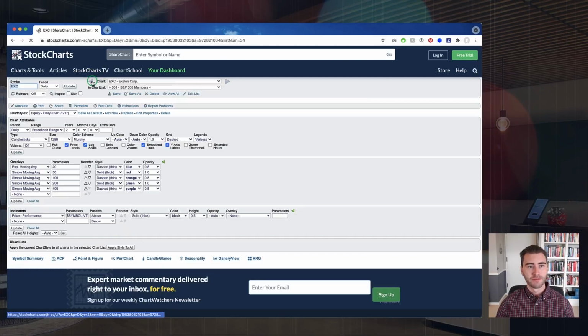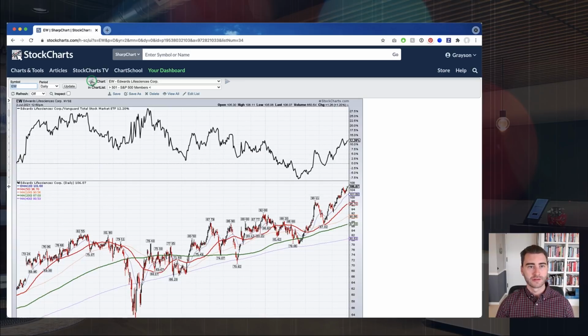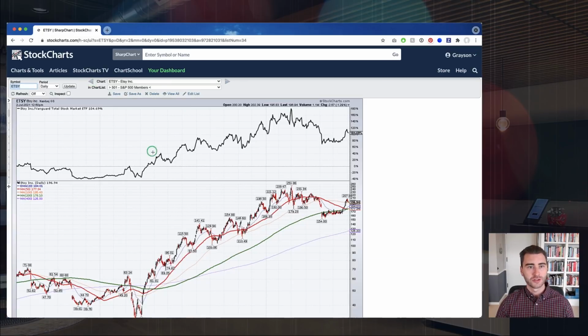So now when we flip backwards, here we're going backwards to Exelon, to Edwards Life Sciences. Let's go back to our Etsy chart. Again, now we've assigned that chart style to everything in the list. So we can flip through everything in the S&P 500 with that simple price view, then assign the next level up to everything in that same chart list and flip through all of the S&P 500 members with that relative strength view.